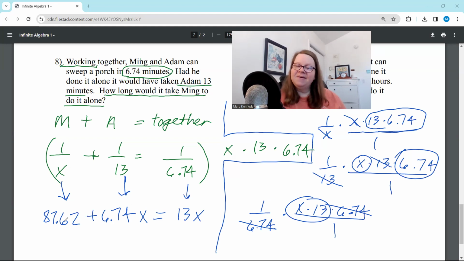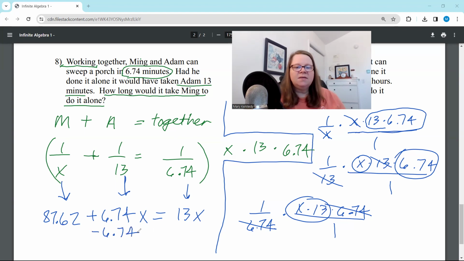So this is a simpler looking problem, although with the decimal, it's not super simple by any means. It just looks a little better than the first part with the fractions. We've got a constant here, and an X term here and an X term here, but they're not on the same side of the equation. So our first job is to move the 6.74X over.